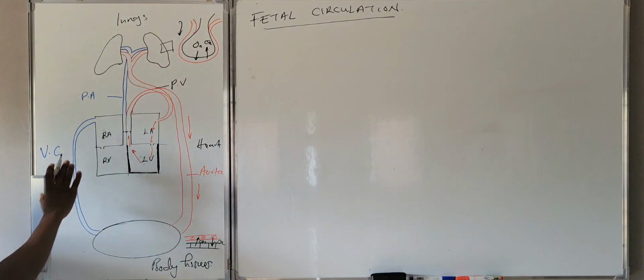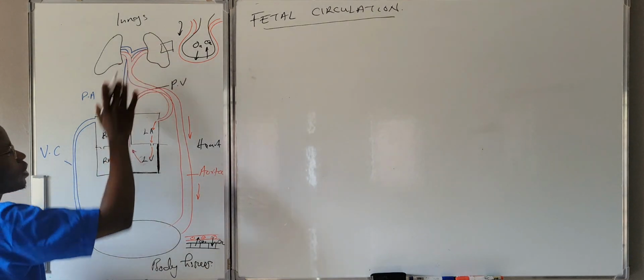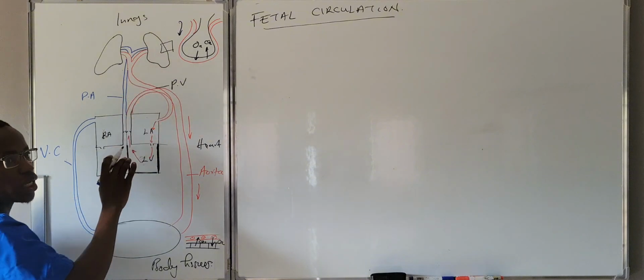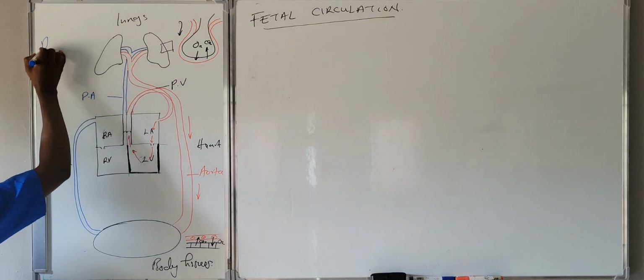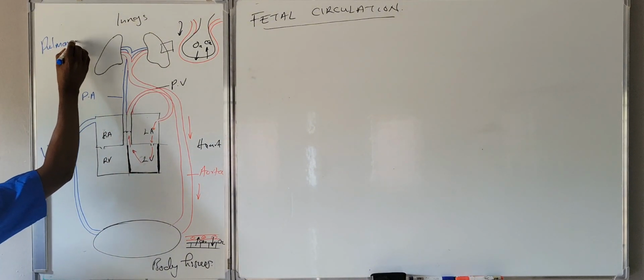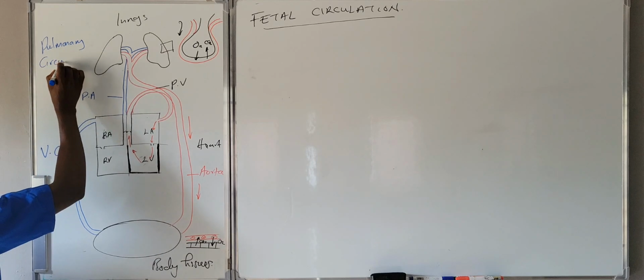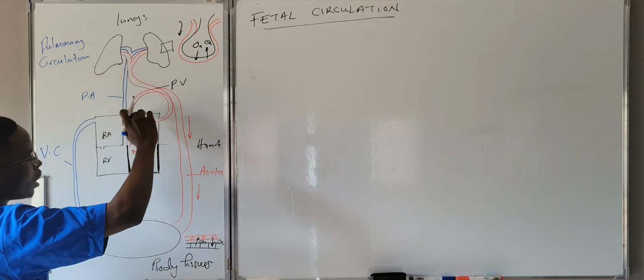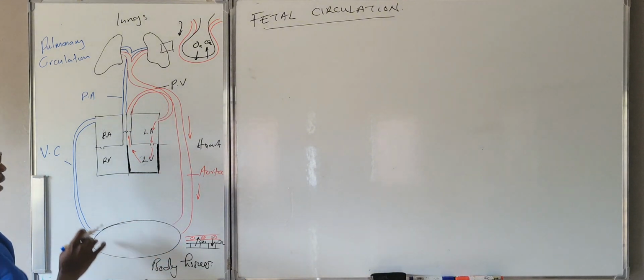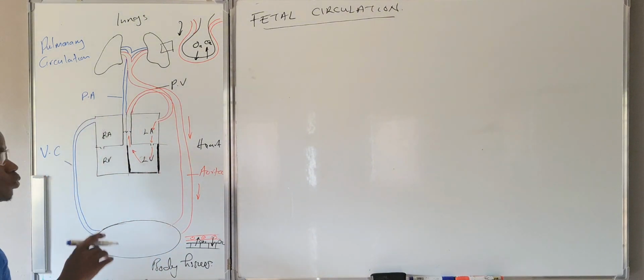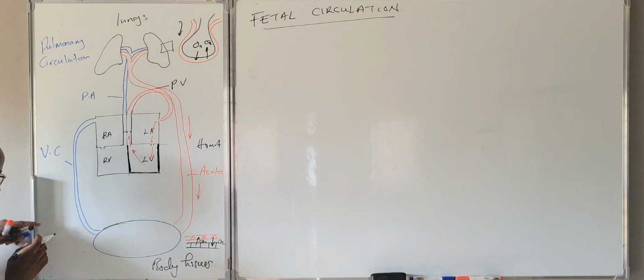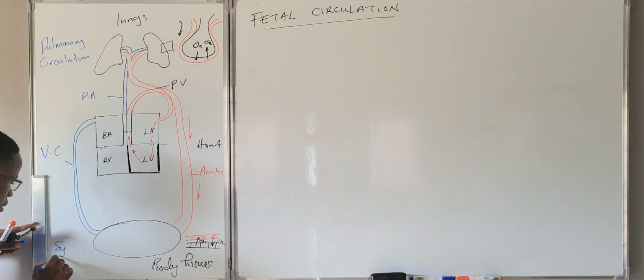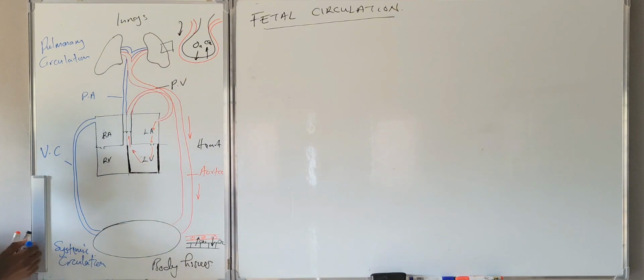Basically we can see that blood going to the lungs and back to the heart is pulmonary circulation. And then blood leaving the heart going to all parts of the body and coming back through the vena cava to the right atrium is called systemic circulation.